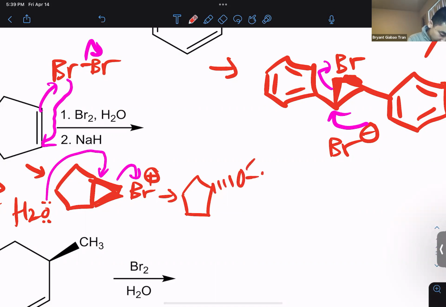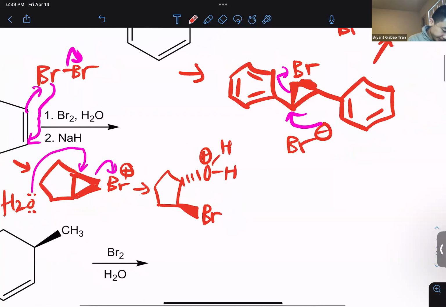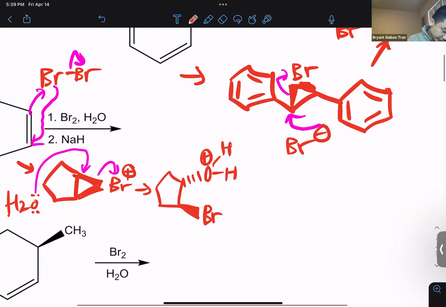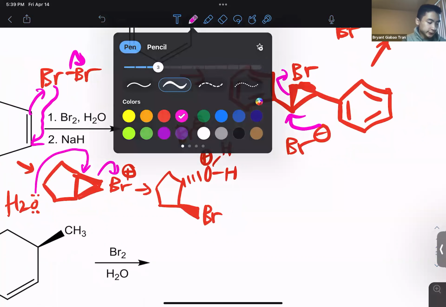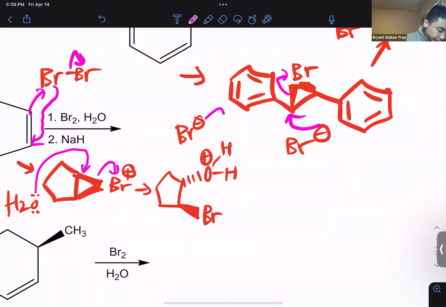We have the OH2 plus, and then this wedged bromine here. And then we could bring in our Br minus to deprotonate this positively charged oxygen of the water group. Okay, and then that's after our first step.